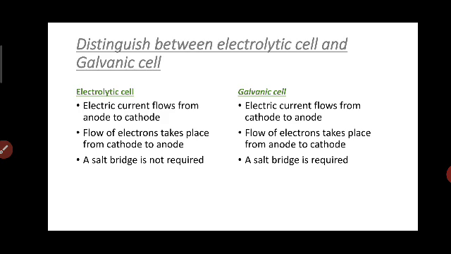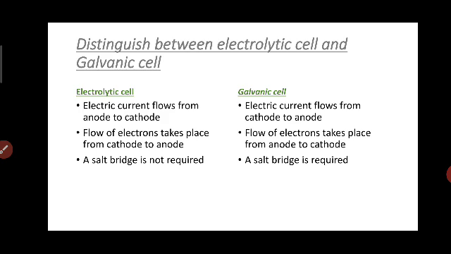If we remember that one point, then you can write the four points, two points in every cell. Remember, electrons are flowing from cathode to anode.